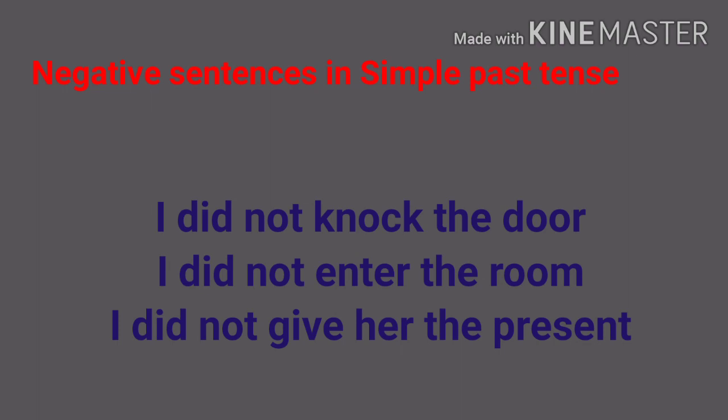The past tense is made by using the helping verb did, and the verbs knock, enter, give, all these are kept in the present tense form, and not is used in between did, the helping verb, and knock, the main verb, or enter, the main verb.